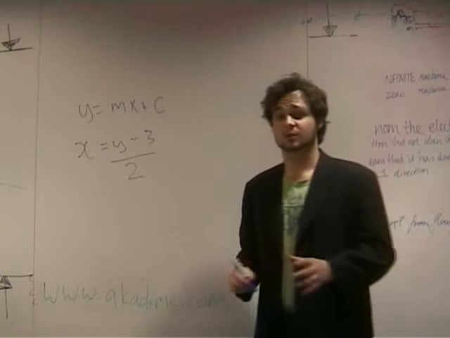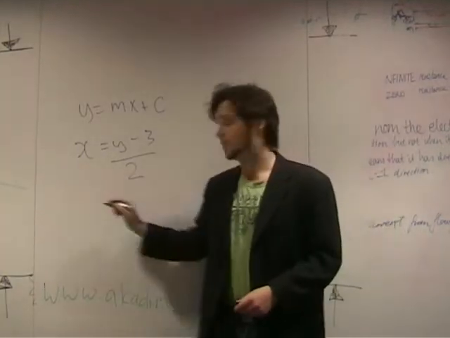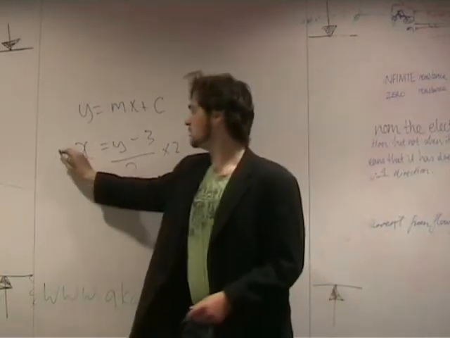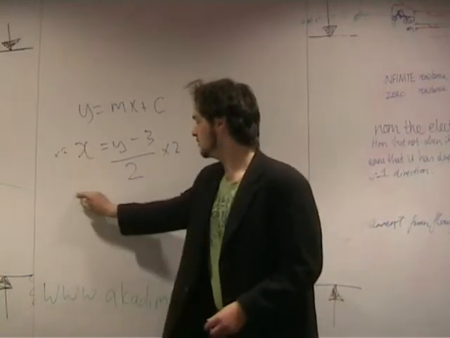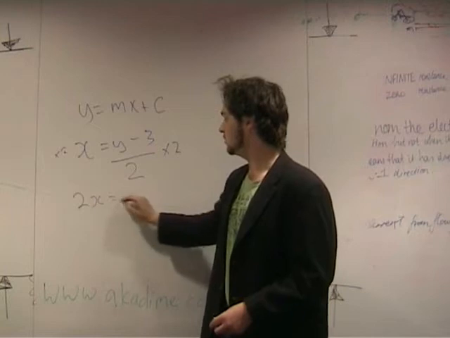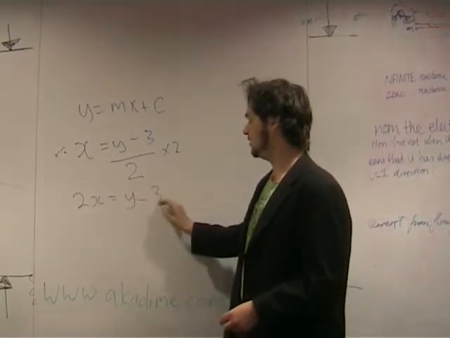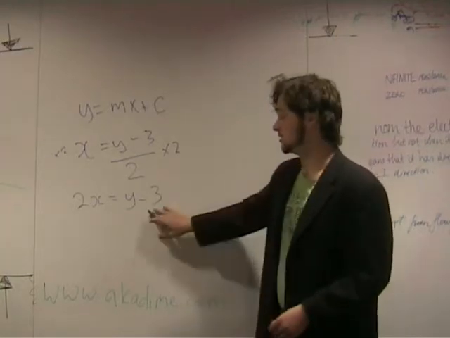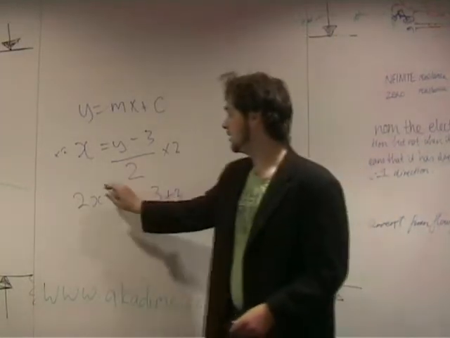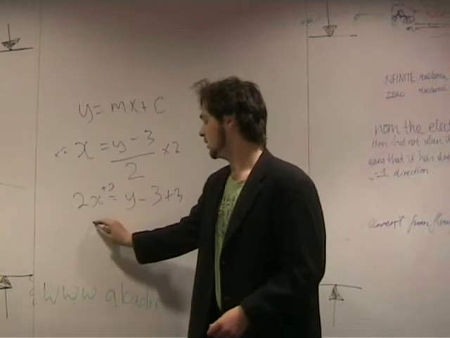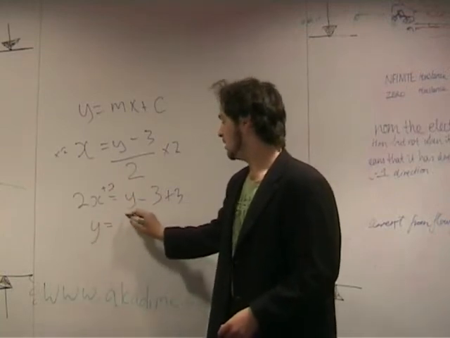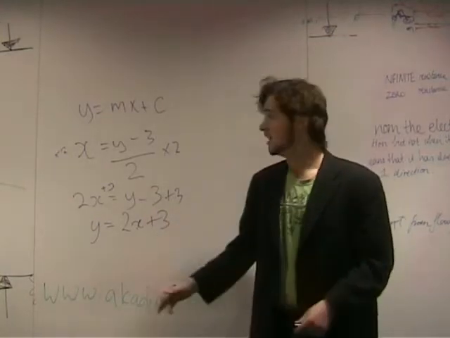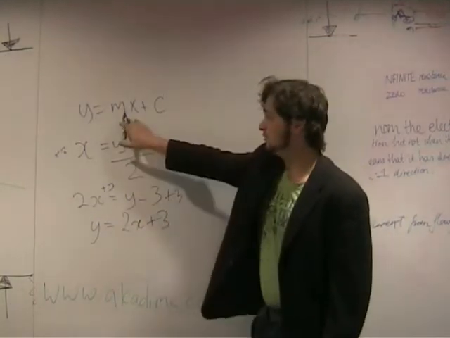So the first thing we do is we times 2 to both sides to get rid of this 2 here, and you end up with 2x equals y minus 3. And then you have to plus 3 to both sides to get this 3 off this side. You end up with y equals 2x plus 3.